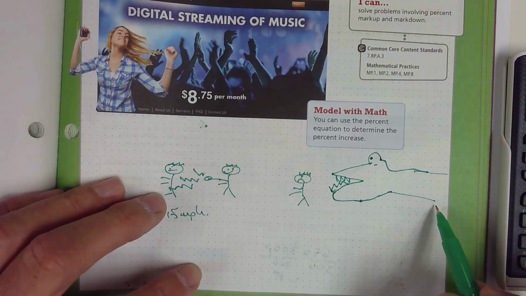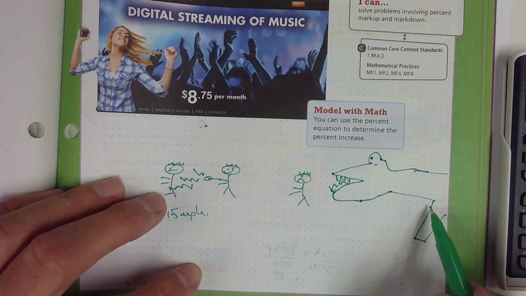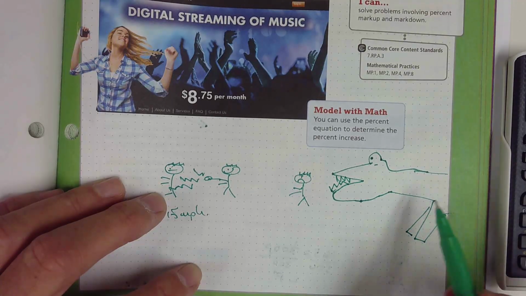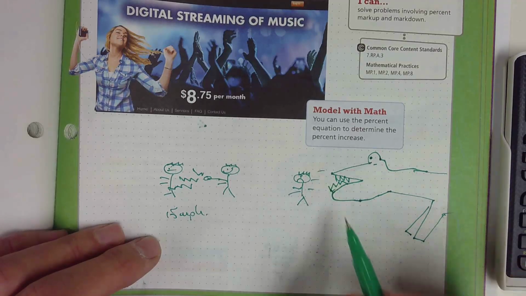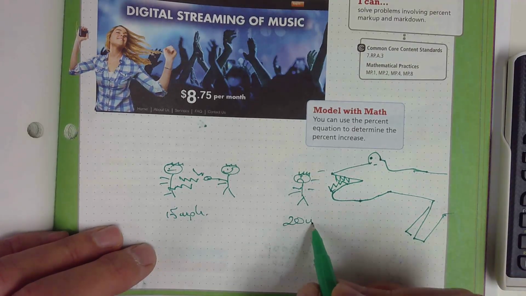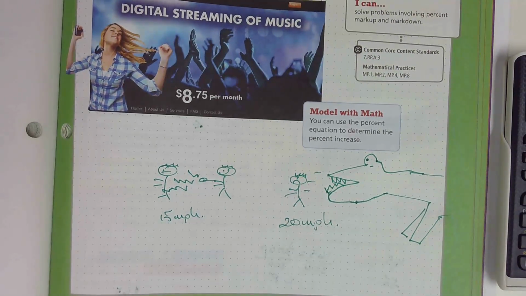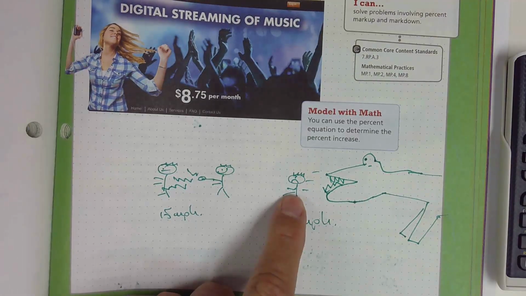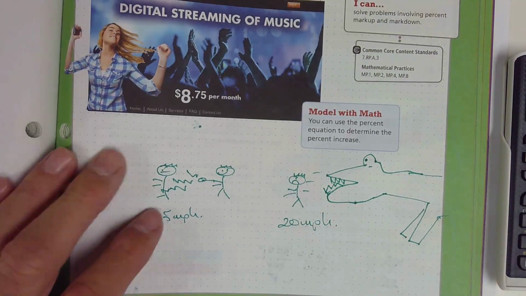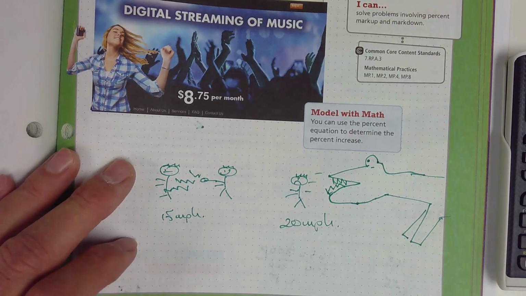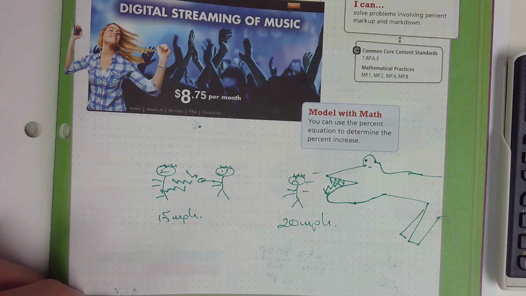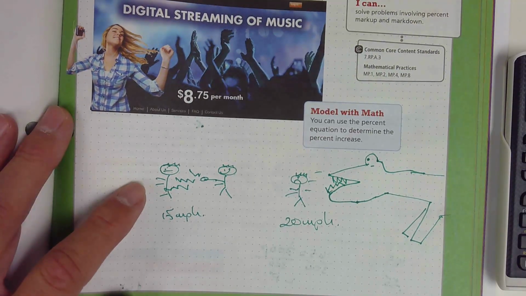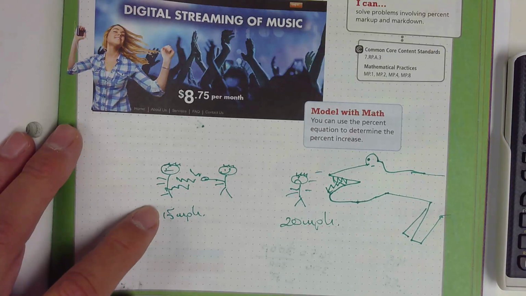And he is running quite a bit faster. He's running at 20 miles per hour, which makes sense because he's running for his life here. And so you want to know the percent increase. In other words, how much faster is he running?